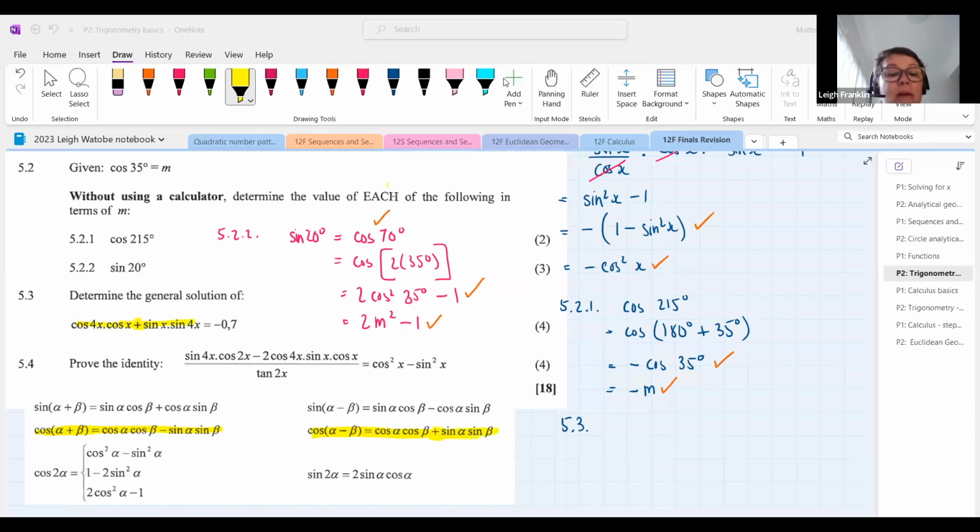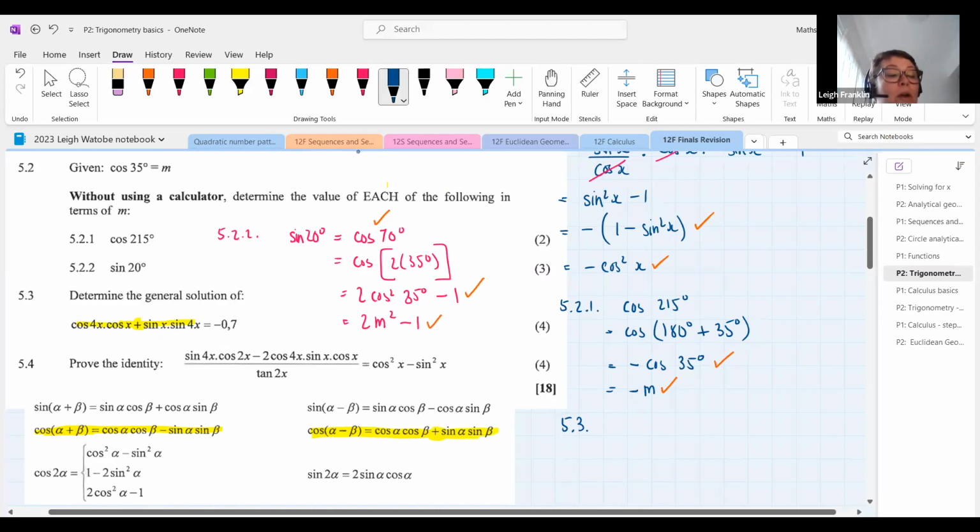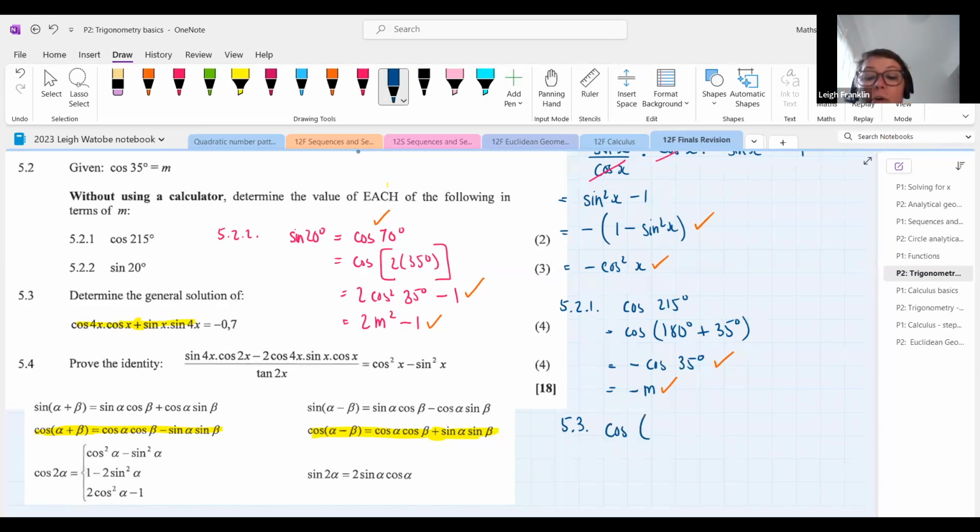When they give us the expansion, we want to do the reversal of that expansion. So we're going to write cos 4x cos x plus sin x times sin 4x as cos 4x minus x, which is equal to negative 0,7. So that would give us cos 3x equals negative 0,7.